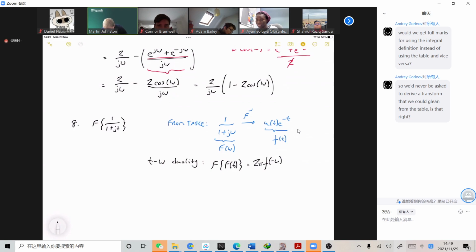So in this case, we've got the Fourier transform of 1 over 1 plus jt. That's our F of t, and as you can see, we've just replaced omega with t. That's equal to 2 pi times f of minus omega. So that's 2 pi u of minus omega e to the minus omega. I'm going to put all the signs in so you can see where this comes from.